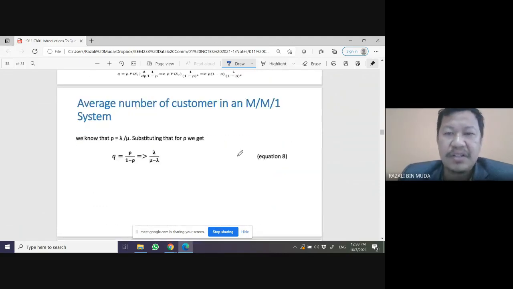For the average number of customers in M/M/1, we know that rho equals lambda over mu. Substituting for rho, we get Q equal to rho over 1 minus rho, which is lambda over mu minus lambda. Equation 8.